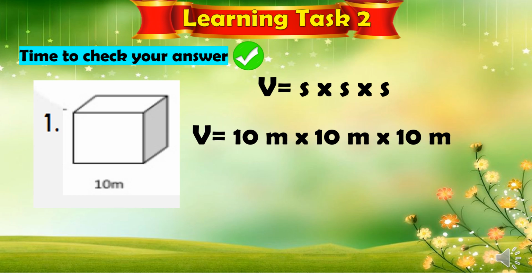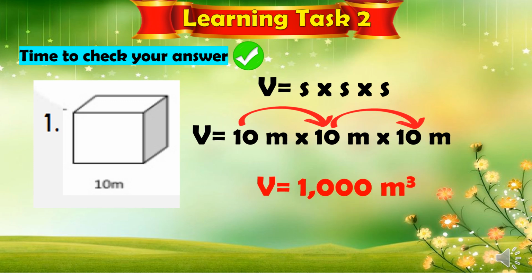So we substitute 10 for the 3 S's. We have 10 times 10 times 10, and that will give us a volume of 1,000 cubic meters.